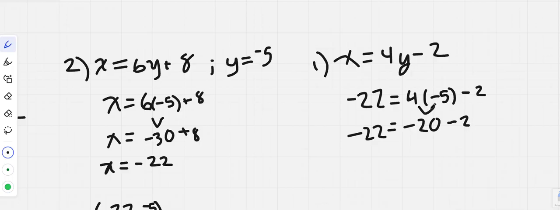And -22 is equal to -20 minus 2, and -20 minus 2 is -22. This is also correct. Great job, everybody.